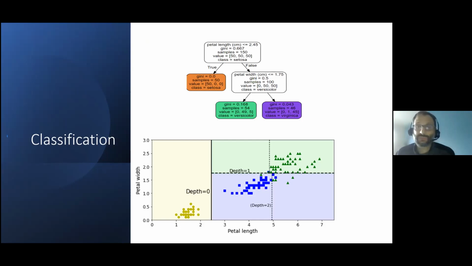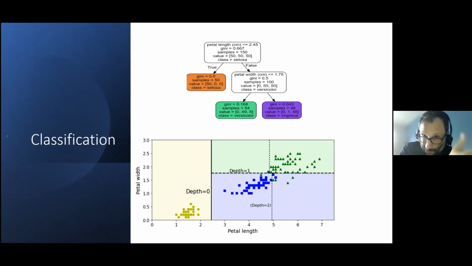The book goes through some simple code. I could hop over to the Jupyter notebook, but you could as easily go to the GitHub and look at this yourself. It's very simple code to produce this very simple tree, where it's splitting on the petal length. If the petal length is less than 2.45 centimeters, well, that's all I need to know.